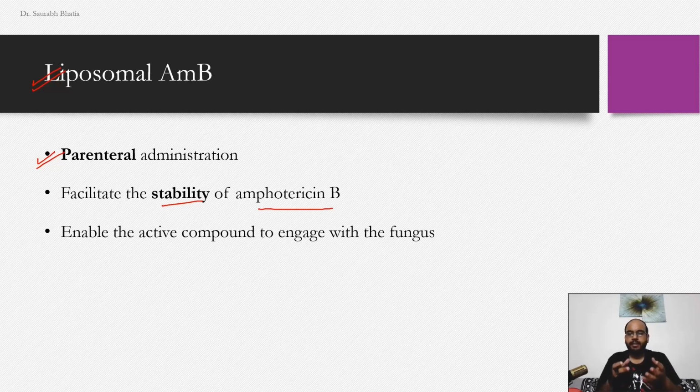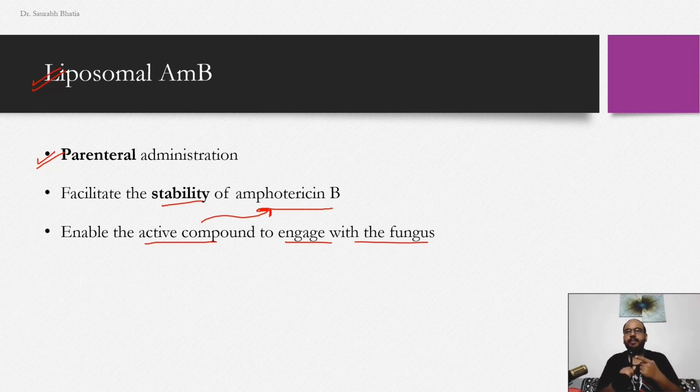Okay, so the formulation of amphotericin B as a liposomal molecule makes it more stable. It also enables the active compound, amphotericin B, to engage with the fungus. Because of the liposomal structure, the active compound gets a good engagement with the fungal membrane, leading to a better action.